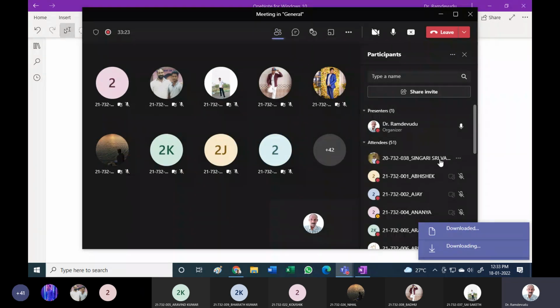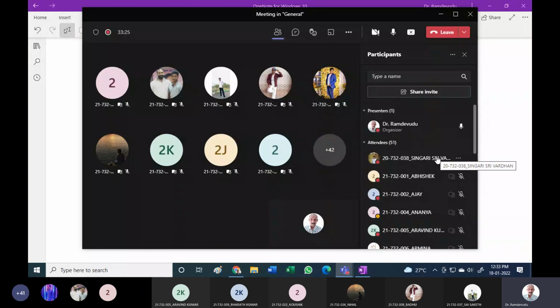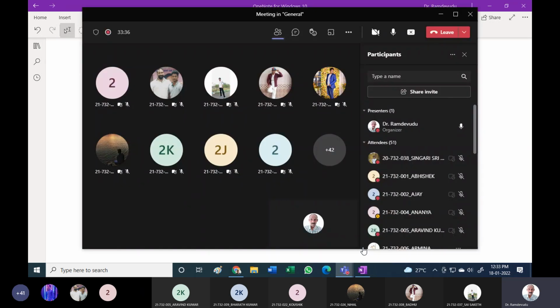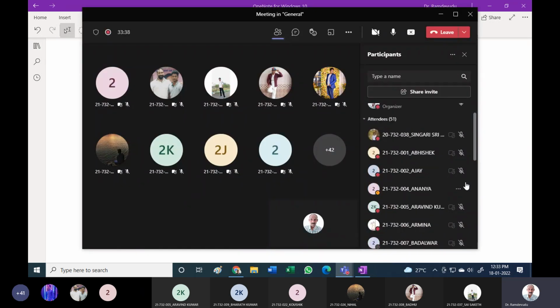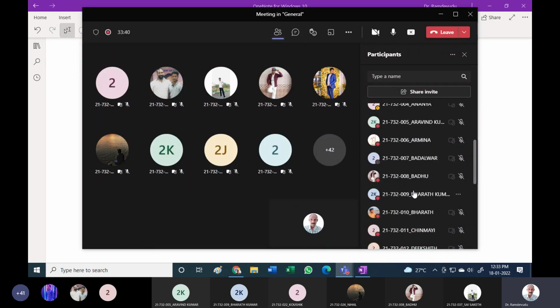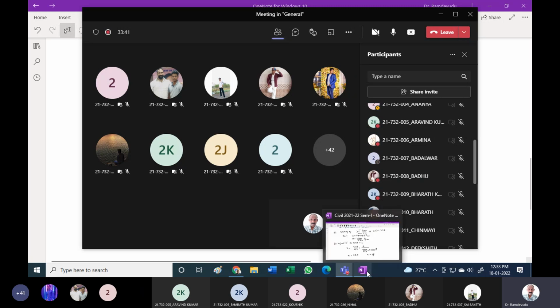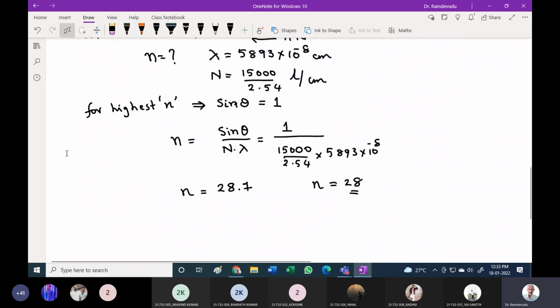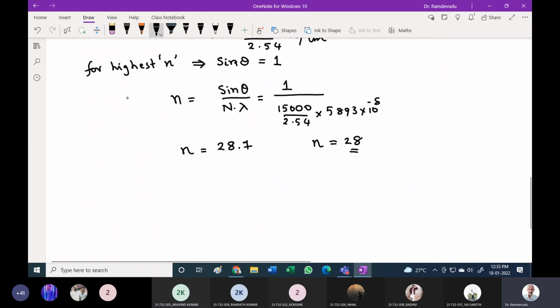Srivardhan 38. Have you done this experiment? The problem? Did you complete it? Roll number 5. Yes, sir. Shall we go to the next problem? Yes, sir. So I go for the next problem.